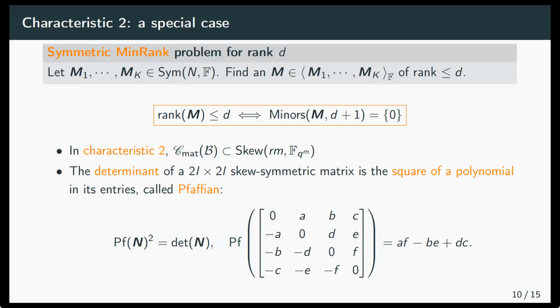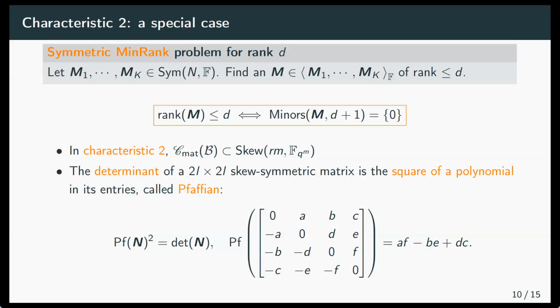But we can actually exploit a very particular structure of our code to improve the modeling, because symmetric matrices with 0 on the diagonal in characteristic 2 are also skew-symmetric. And we know that for skew-symmetric submatrices of even size, the determinant is actually the square of a polynomial called the Pfaffian. Here you can see an example for a 4 times 4.